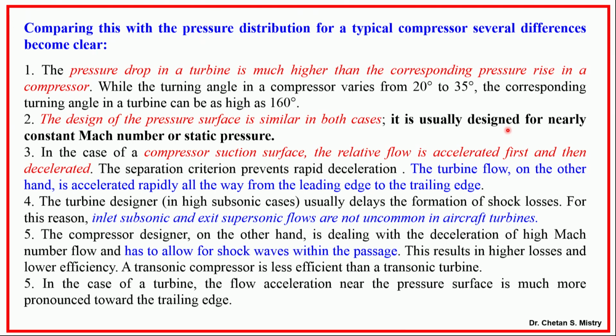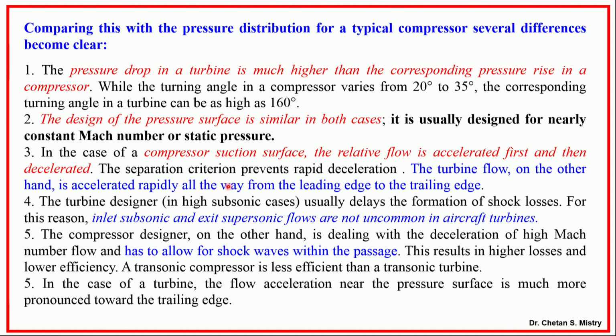Now, in a compressor, the suction surface first accelerates the flow and then decelerates it, and the separation criterion prevents rapid deceleration. In a turbine, roughly speaking, you have acceleration throughout from the leading edge to the trailing edge.